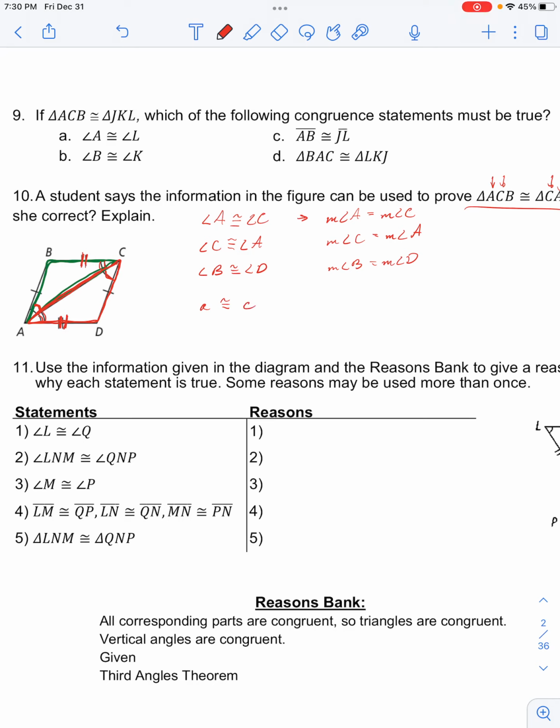So that's true, because we also have the marks of two dashes there. Then side C, so this one, would have to be congruent to side A, which is this one. So that's also true.